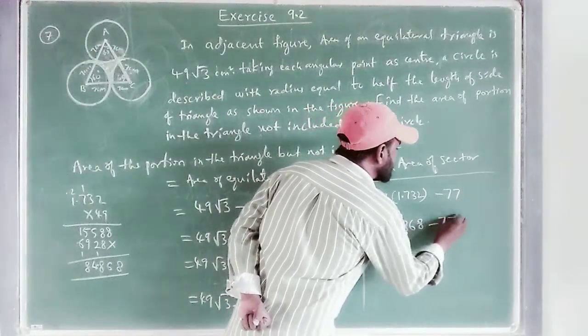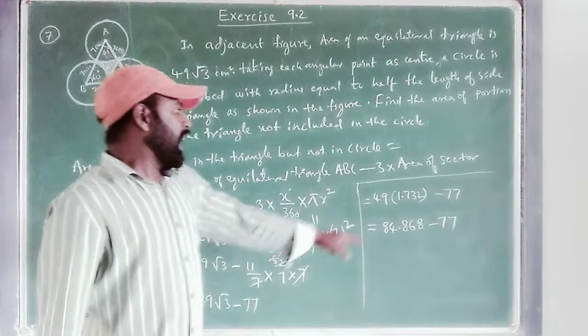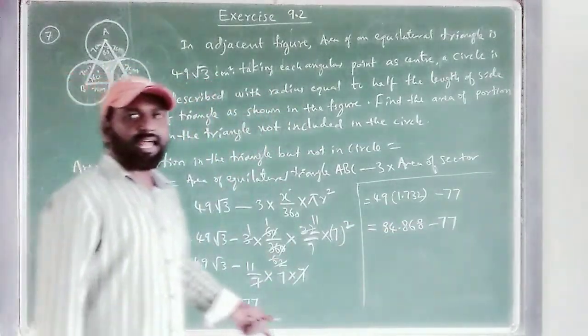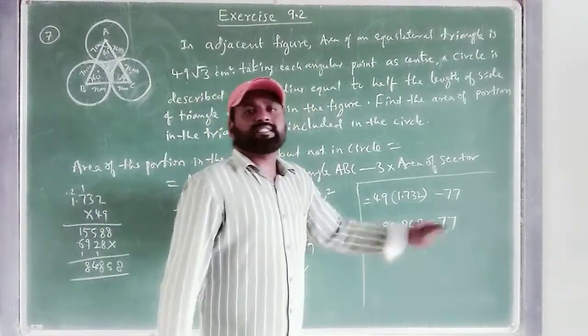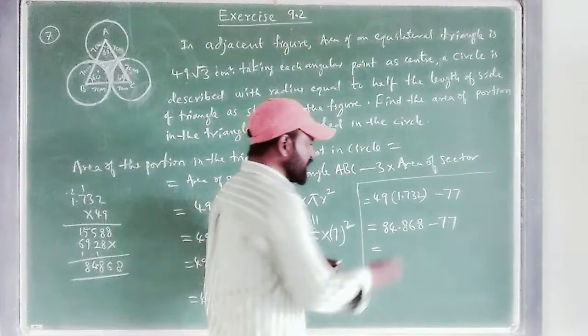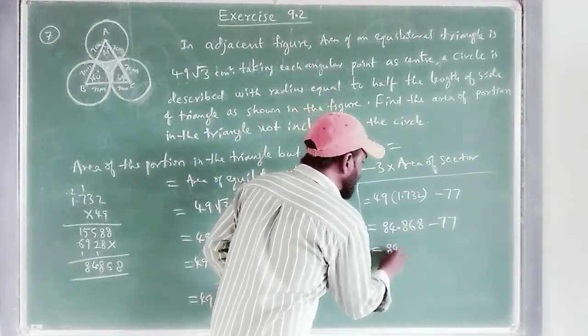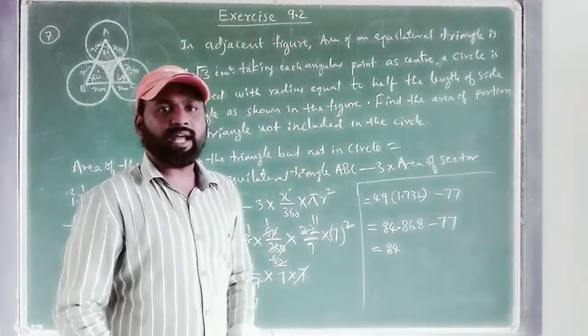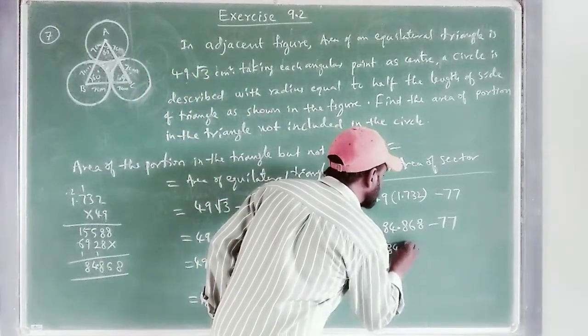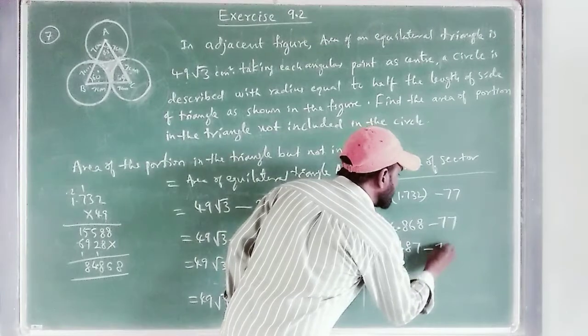84.868 minus 77. I am taking this 68 after the decimal point as 7, so 8 and 7 I will take. So 84.868 I am writing as 84.87. Now 84.87 minus 77.